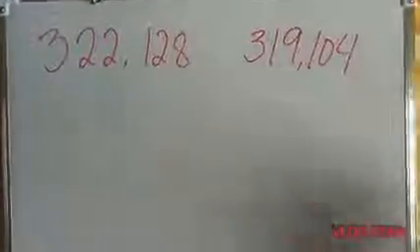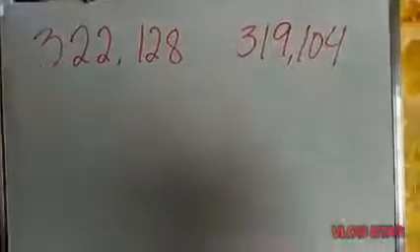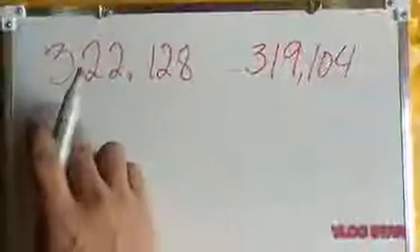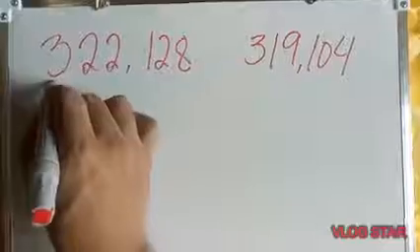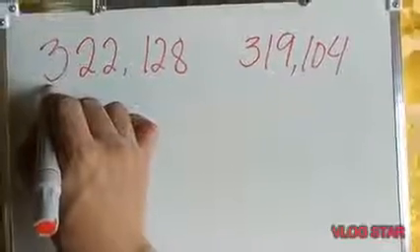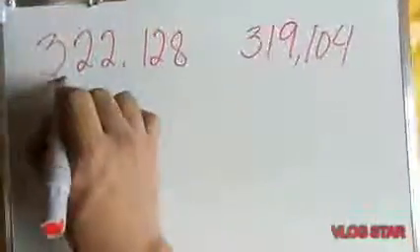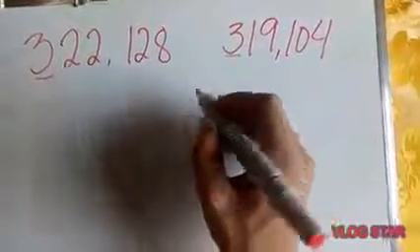Another way to compare two numbers is using its place values. So let's start with 100,000's place. As you can see, they are equal.